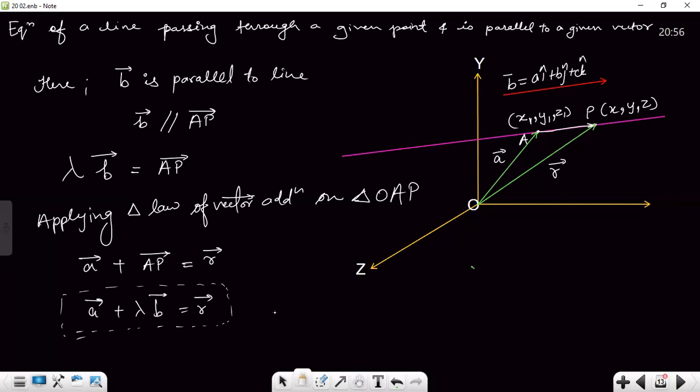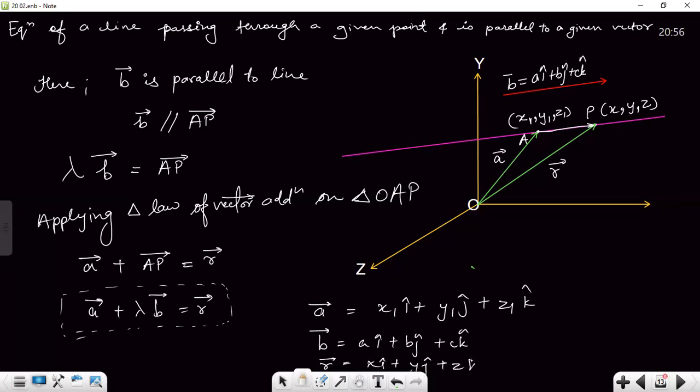We know the A vector here is x1 i cap plus y1 j cap plus z1 k cap. The B vector is a i cap plus b j cap plus c k cap. The R vector is the general vector x i cap plus y j cap plus z k cap. Let me replace everything.